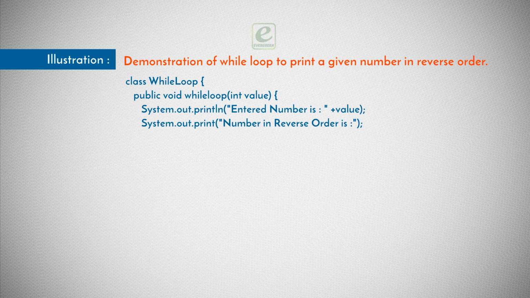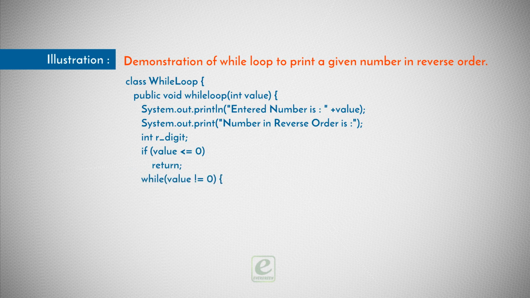System.out.print, within double quotes, "Number in reverse order is", semicolon. int r_digit, semicolon. If value less than or equal to 0, return, semicolon.